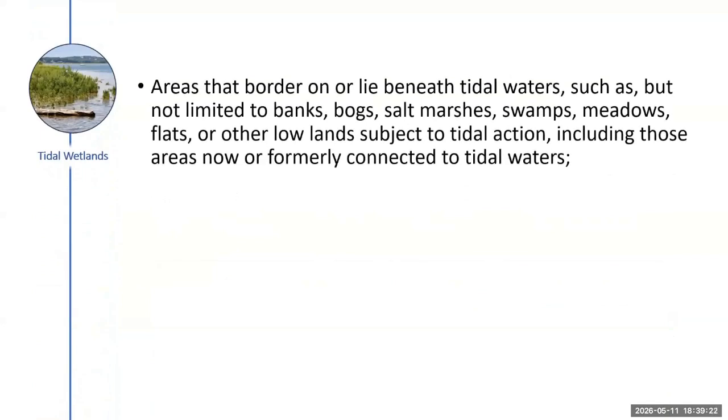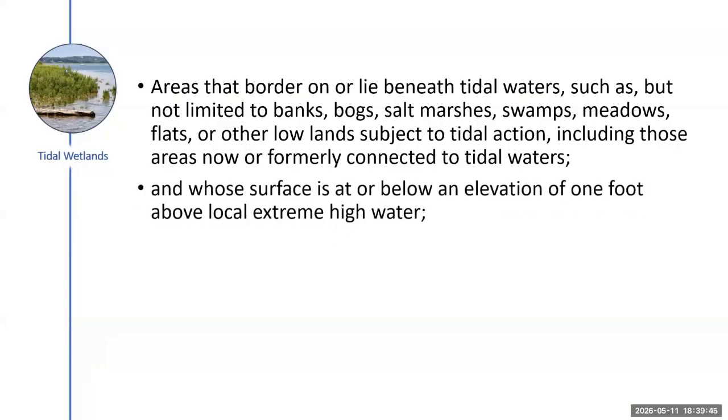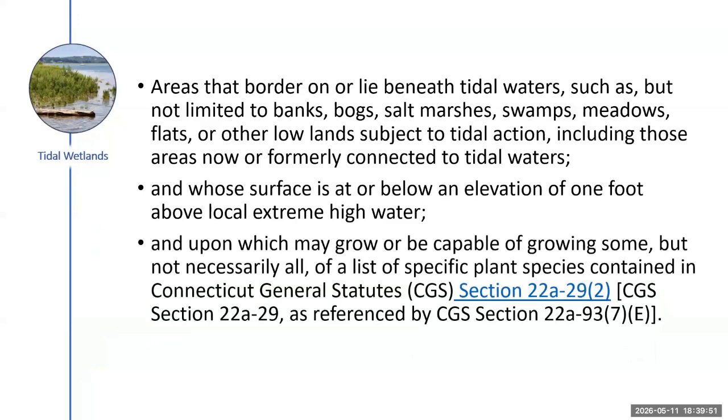Tidal wetlands. So these are the borderlands. So they border or are on or beneath tidal waters. So for example, banks, bogs, salt marshes, swamps, meadows, and other lowlands that are within the tidal zone. Including areas that are now or once were connected to tidal waters. And so their surface is at or below 1 foot above extreme high water.